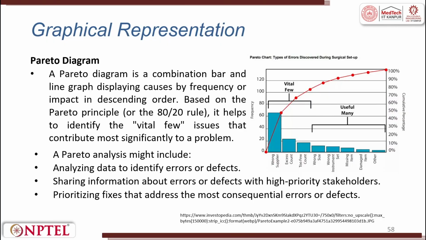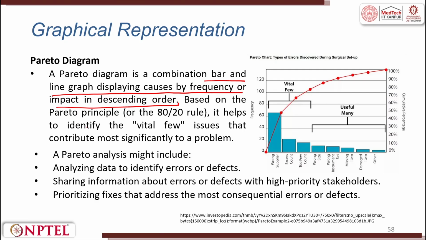Another graphical representation that I would like to talk about is the Pareto diagram. A Pareto diagram is something where we put all the observations in descending order and try to see the cumulative frequencies. A Pareto diagram is a combination of bar and line graph displaying causes by frequency or impact in descending order.